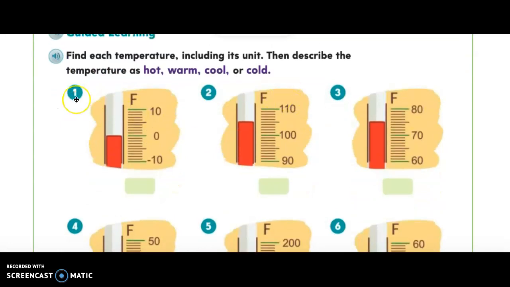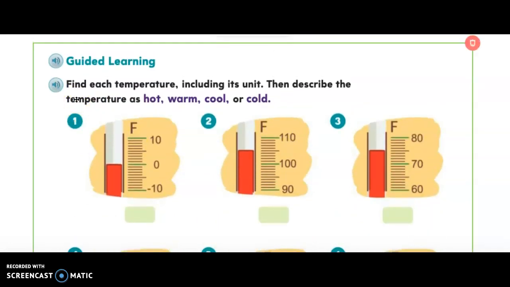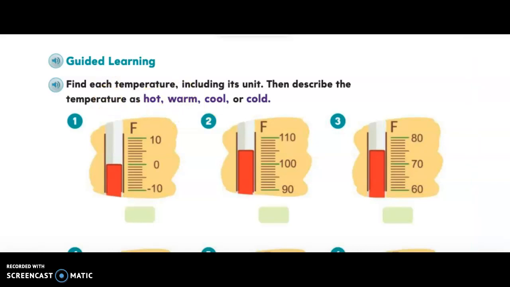So we're going to do some practice and decide whether the temperature is hot, warm, or cold. But before we do that, we need to find the temperature and include the units. So for number 1, if we take a look here, it is right on 0.